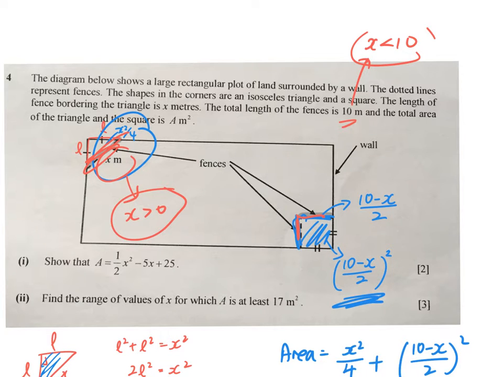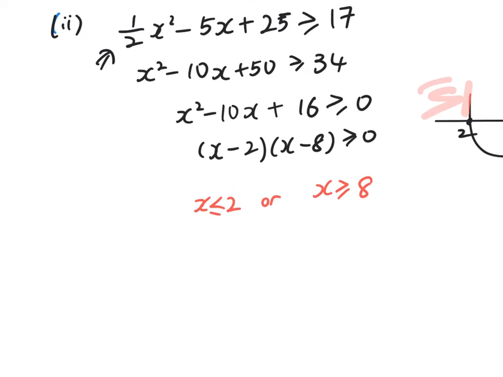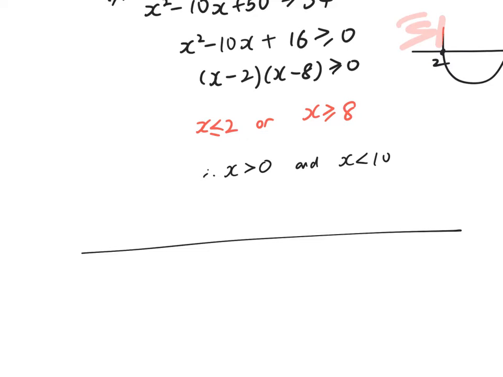And I hope that if you're one of those doing this question, you'll be smart enough to look at the constraint of the question and know that because x is a length and you are solving an inequality question, you straight away must make sure that you consider that x must be greater than 0 and x must be less than 10. Okay, so take the question out, put 2, put 0, put 8, put 10, and slowly draw out your inequality sign.